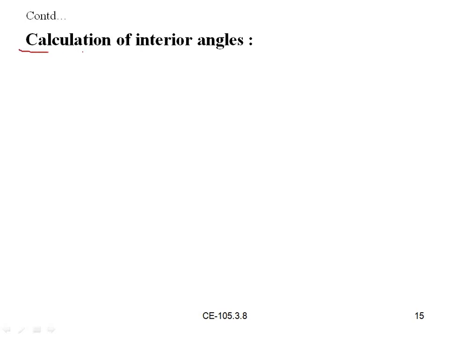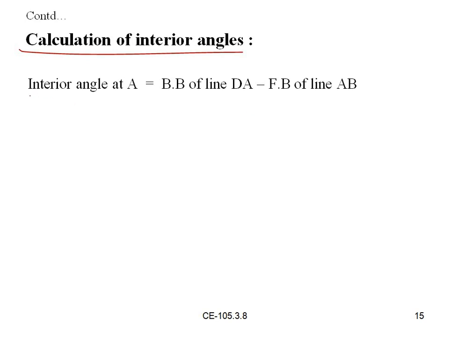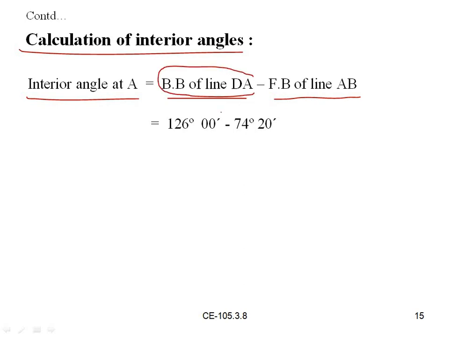So let us start the calculation of interior angles. See here, the interior angle at A is equal to the back bearing of line DA minus the forward bearing of line AB. So first we have to take the back bearing and next the forward bearing. The back bearing of line DA is 126 degrees 0 minutes, whereas the forward bearing of line AB is 74 degrees 20 minutes.